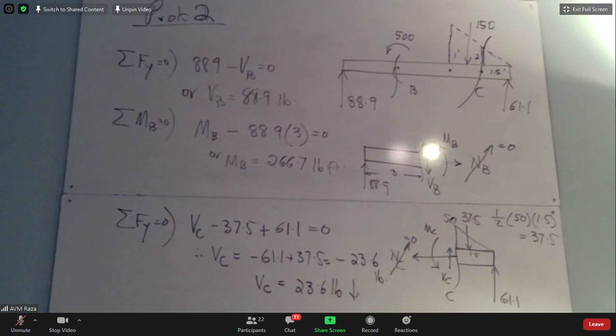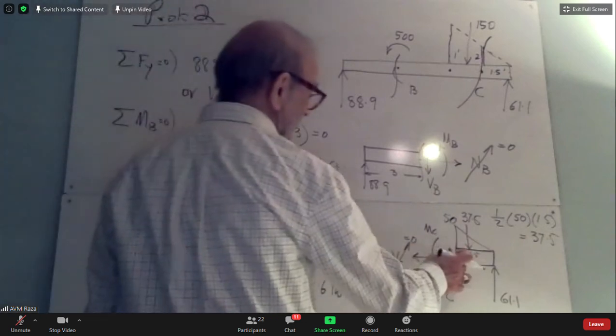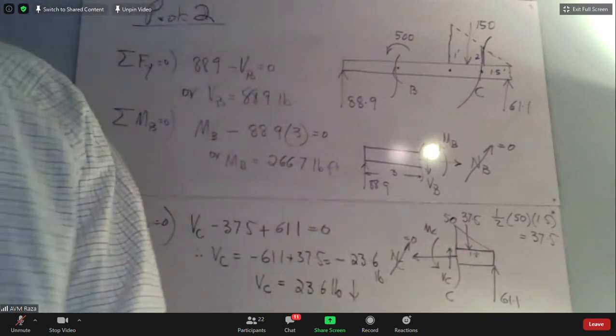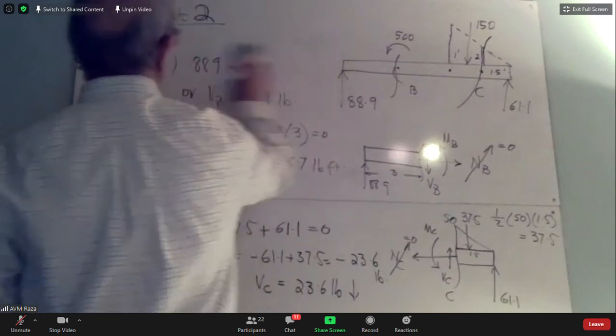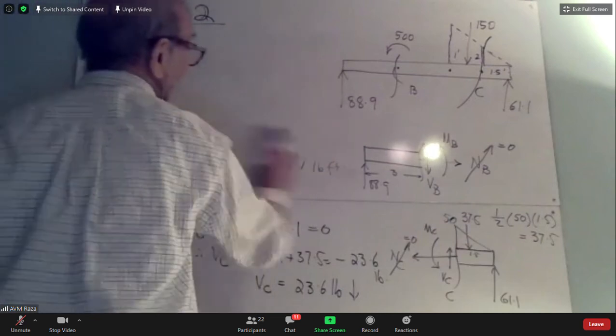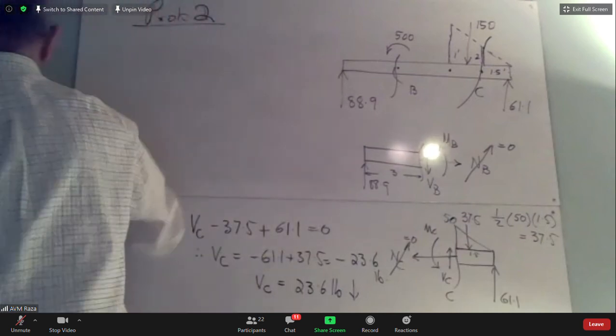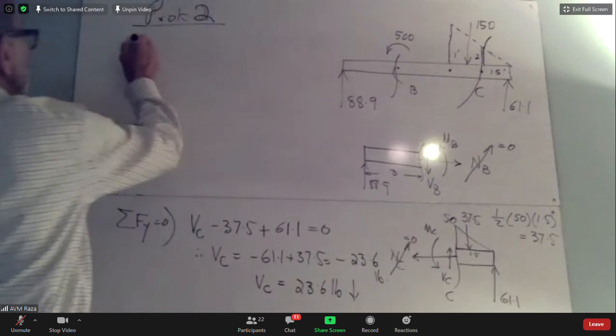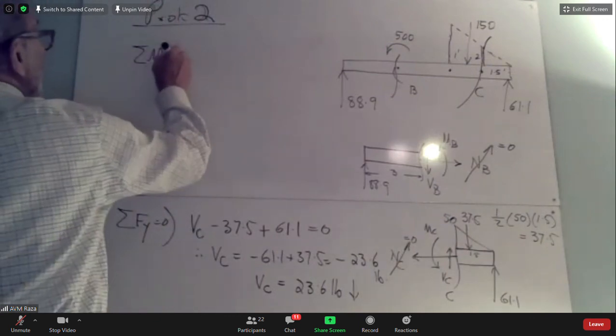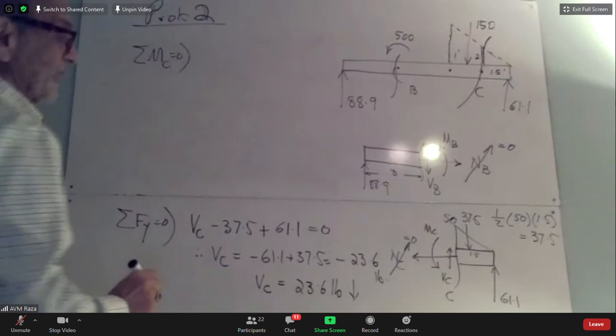So now to find MC, what do we do? We have to take moments, and the best way is to take moments at C. Let's do that now. Sum of moments at point C equal to 0. What will that get me?